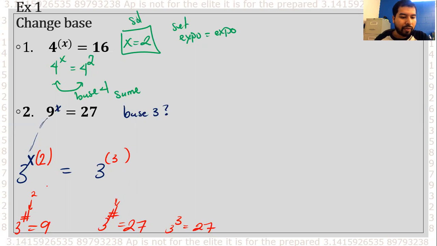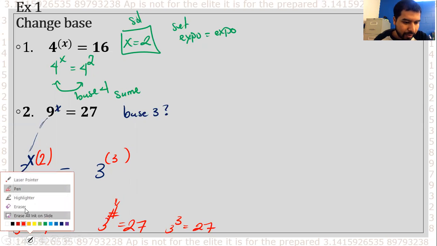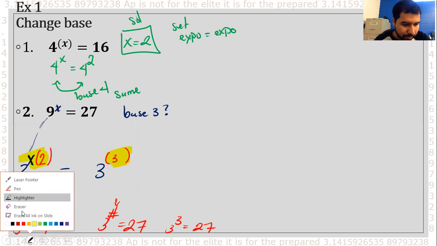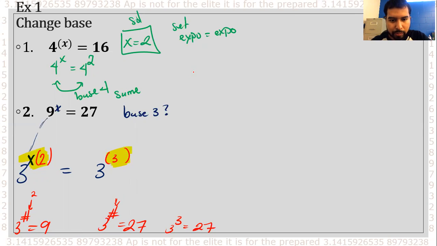So therefore, I have all of this. I have 3 to the x, all to the second, equals 3 to the third. So now that I have the same bases, I can do what to these exponents? Let me write that down. So we have same base, right? The same base, the 3 is right here.